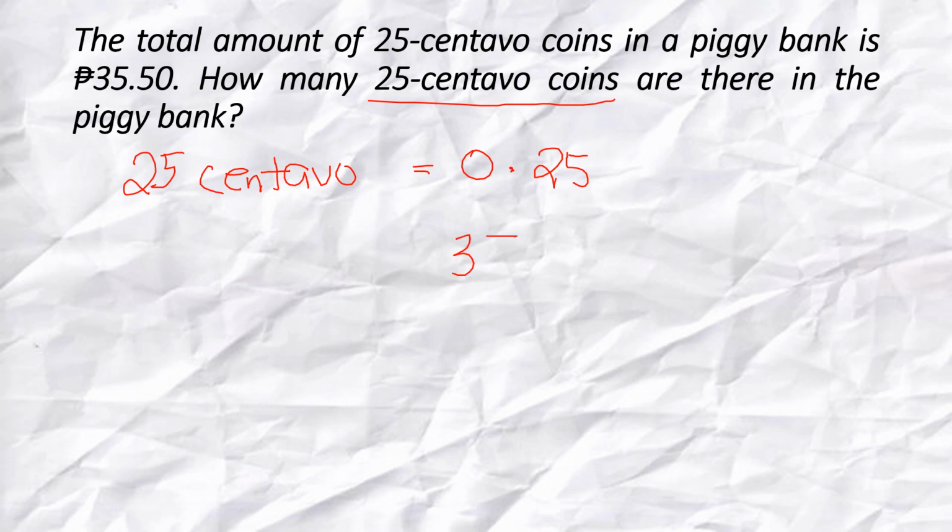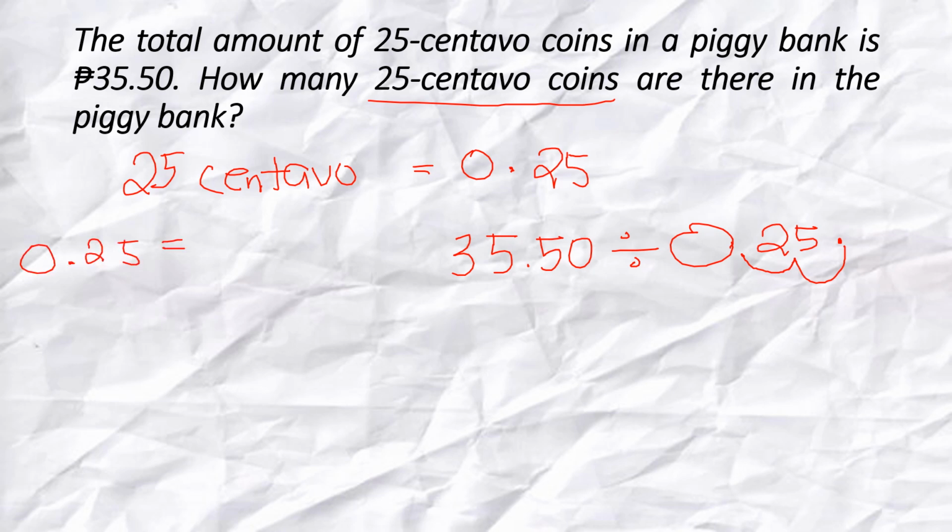So 35.50 divided by 0.25. Again, our divisor has a decimal point, so we move 2 spaces so that it will become a whole number. So from 0.25, it will become 25.